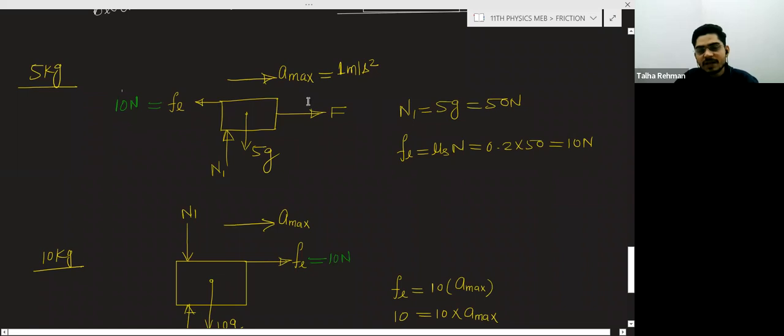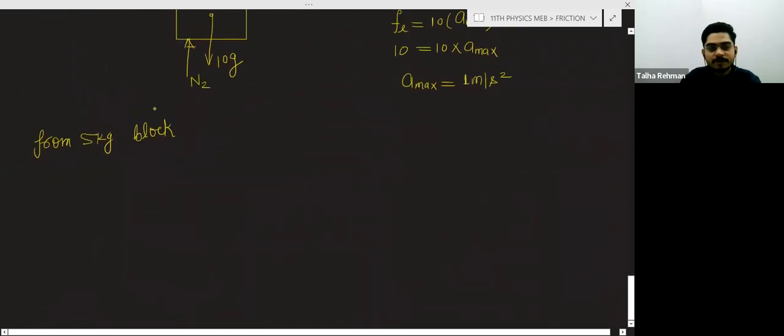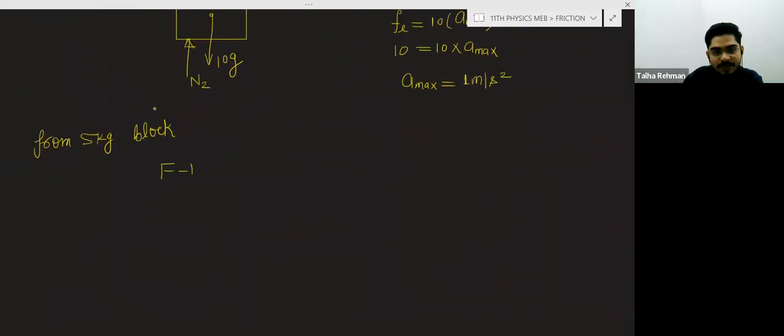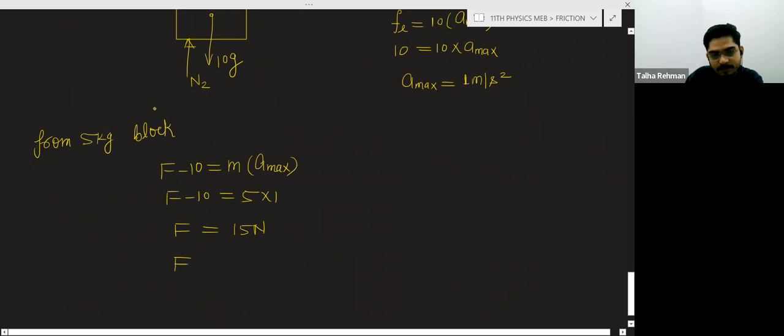So what will be the equation? F minus 10 is equal to ma. F minus 10 is equal to mass into maximum acceleration. What is mass? 5 kg, maximum acceleration is 1. So F is equal to 50 Newton. And this F will be the maximum force.